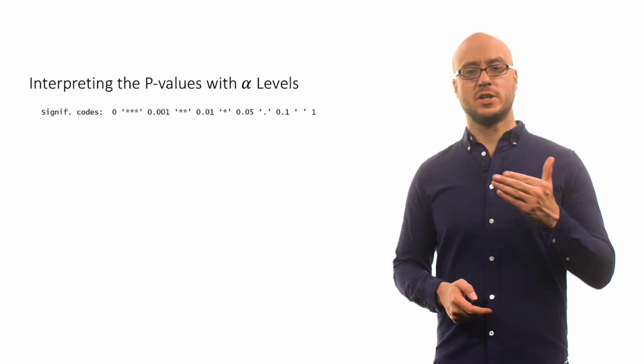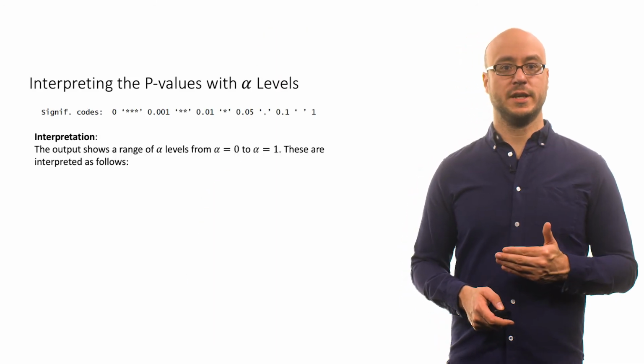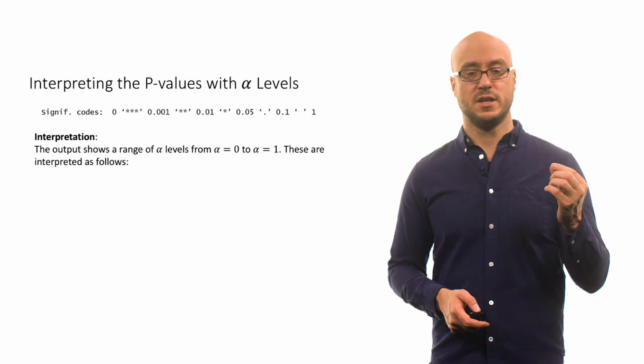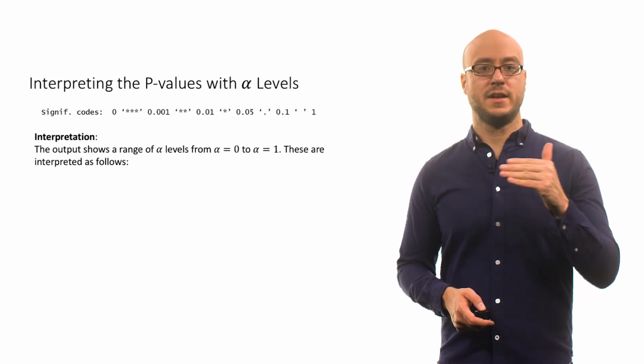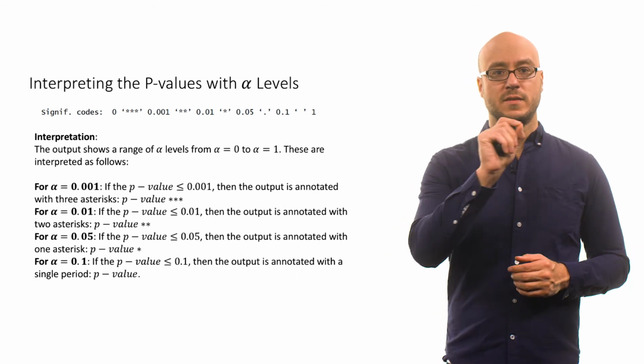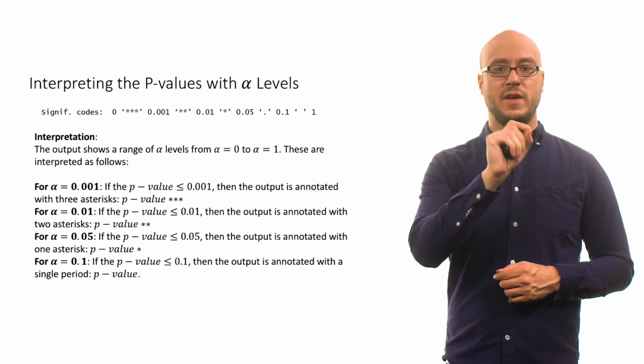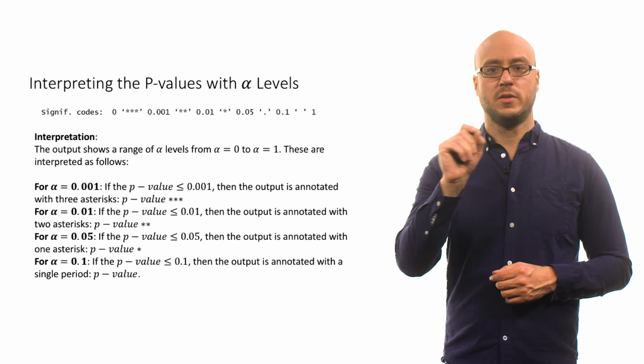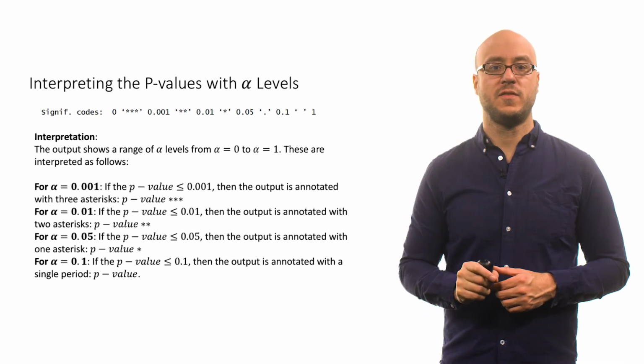So let's go over what these annotations are really telling us. We have these different significance codes. These are different annotations for different levels of alpha. The idea is that it's a range of alpha levels from 0 all the way up to 1. We can interpret these as follows.